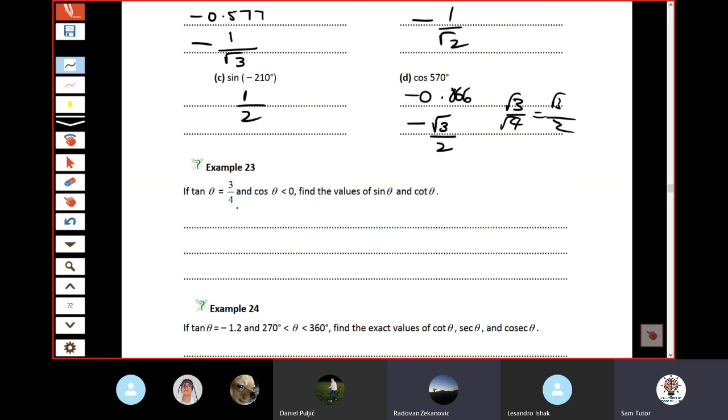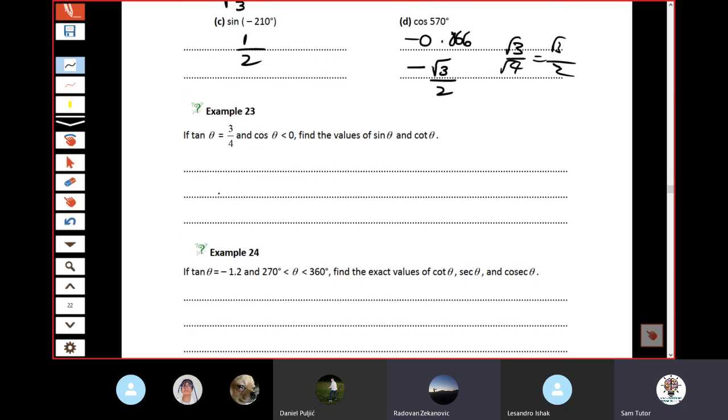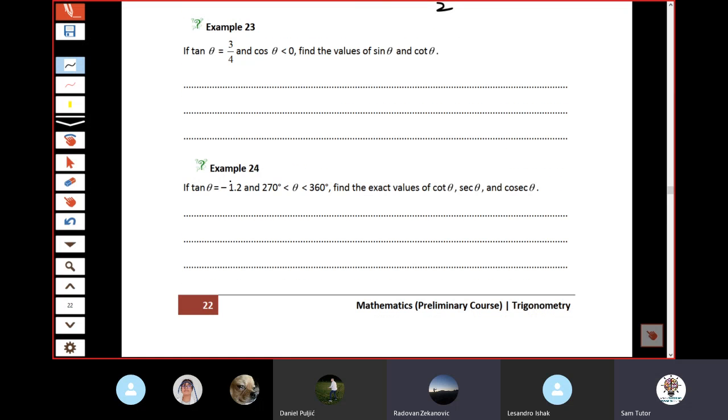Tan theta equals 3 over 4. Lisa, let's do this one together. Are you ready? All right. So what do you think my technique's going to be? If I've been given tan theta, I need to somehow work out sine and cos. What must I do first?